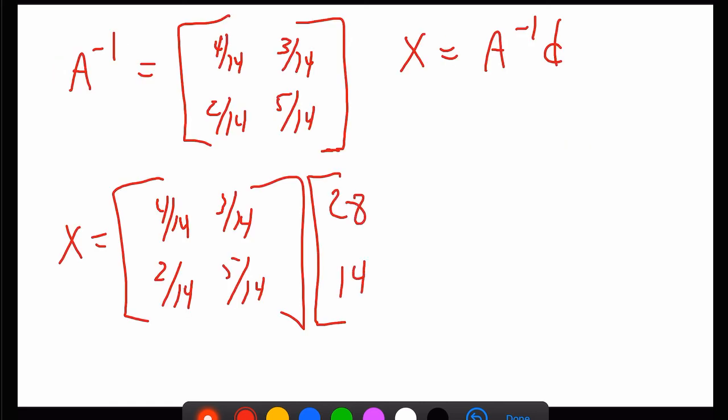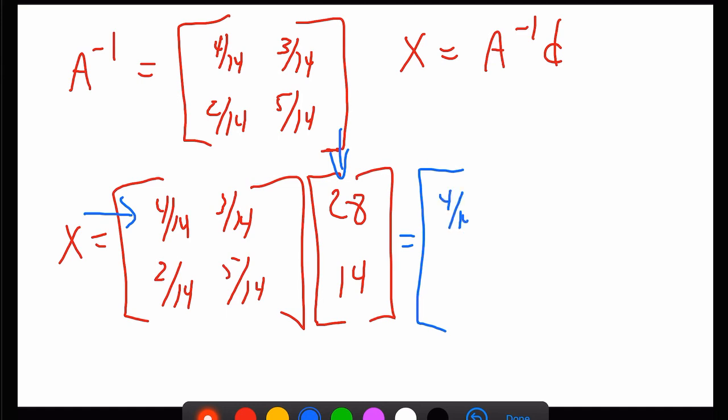So again, row times column, right? So 4 14ths times 28 plus 3 14ths times 14. Okay?